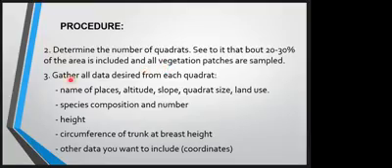So another procedure is to gather all data desired from each quadrat. So all you have to do is to record all of this information: the name of place, the altitude, the slope, quadrat size, land use. So you have to define every term, like for example, the land use and the slope.